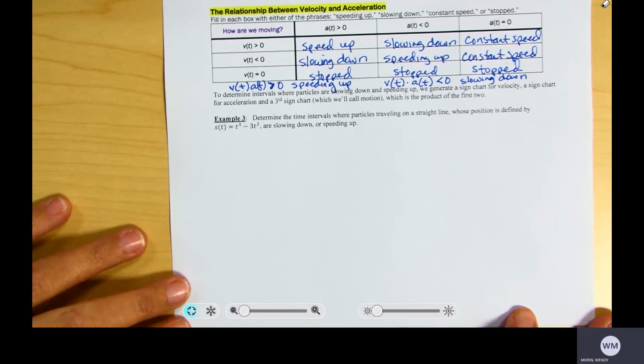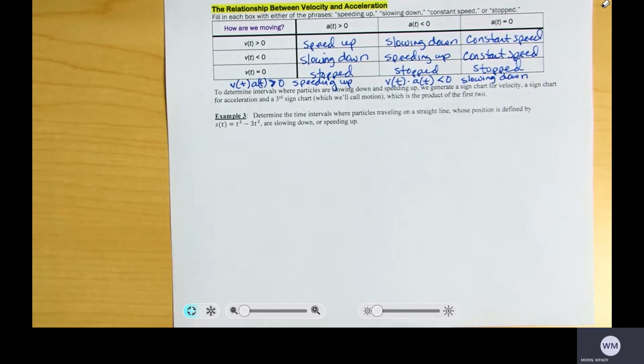All right, so to determine intervals where particles are slowing down and speeding up, we will generate a sign chart for velocity, a sign chart for acceleration, and then a third one, which we'll call motion, the product of the first two. That's the reason why I was just talking about the product.